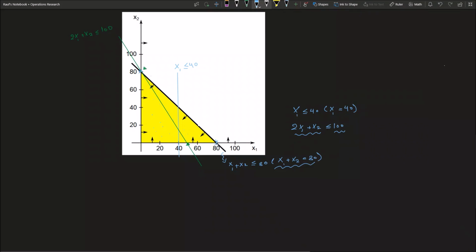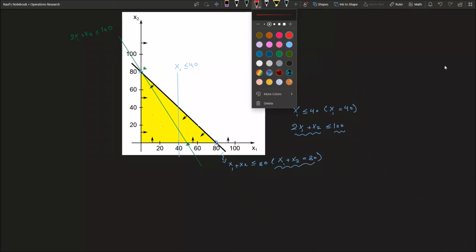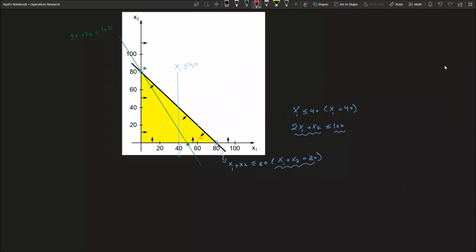With that being said, we can tell that this side means this is not our feasible region. We said x1 less or equal to 40, so x1 should be somewhere here, and this line is saying 2x1 plus x2 less or equal to 100, so the region it represents should be somewhere here, and this line is pointing in here.